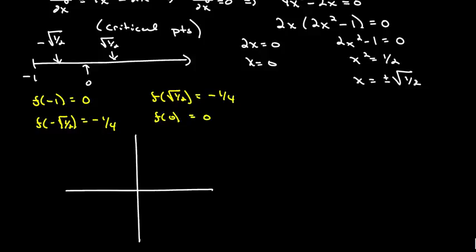So x to the 4th minus x squared. Let's graph that guy out. X to the fourth minus x squared.